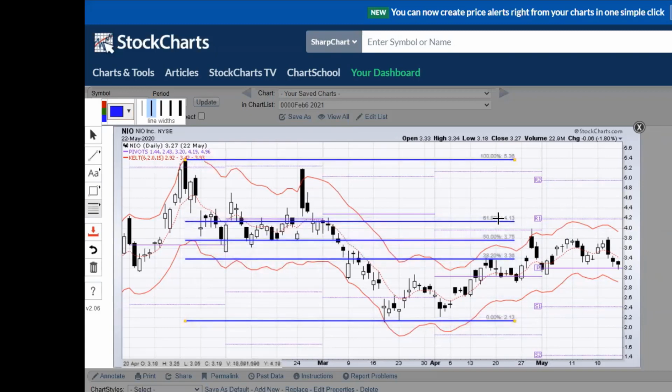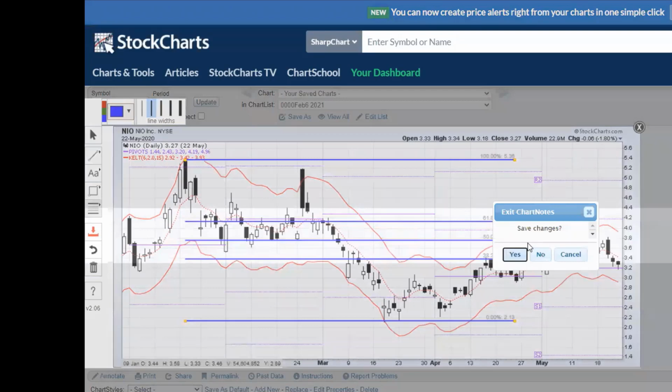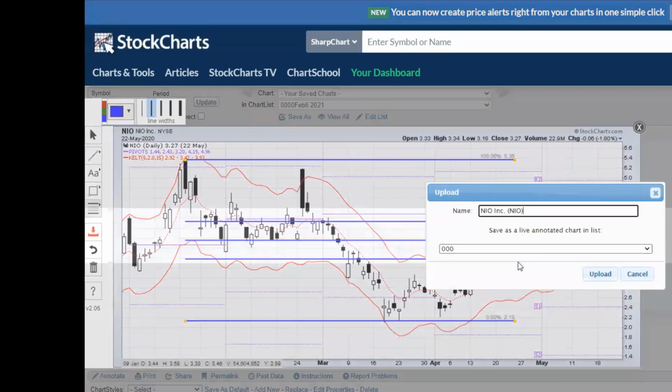So 61.8%, 4.3, certainly looks reasonable, and now you're down here around 3.2. So you have $1 on the upside, which may not seem like much, but percentage-wise, it'd be about 33%. And then, of course, you have the R2 up here at 5. So that gives you a little guideline for what you can look for as a price target.